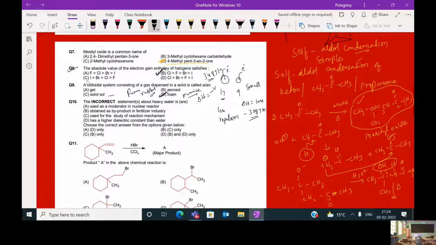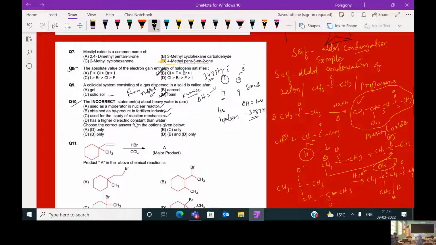So now the 10th question. The incorrect statement about heavy water: used as a moderator in nuclear reactors, right. Obtained as a byproduct of the fertilizer industry, right. Used for the study of reaction mechanism, right, deuterium oxide.